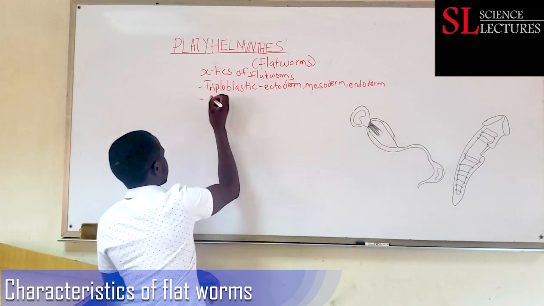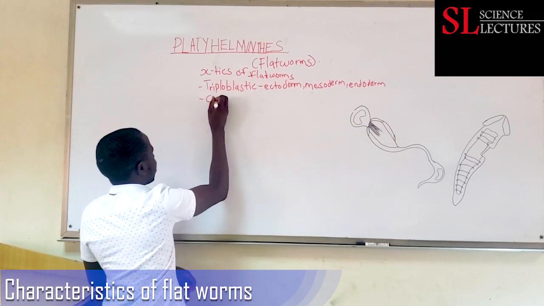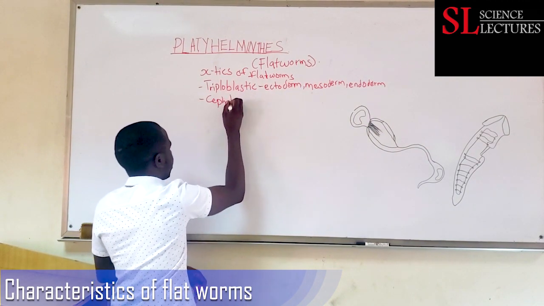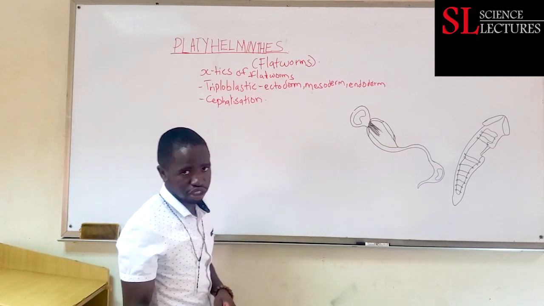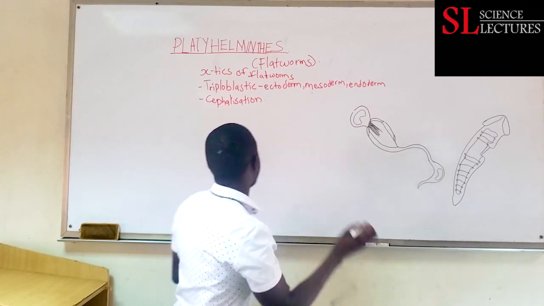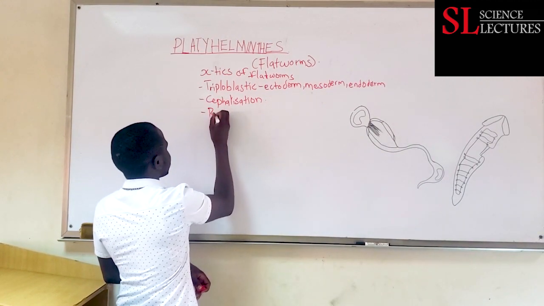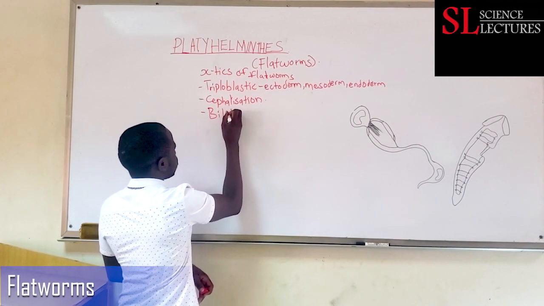Number two, they undergo cephalization. We said earlier, cephalization is the development of a head. Then number three, they exhibit bilateral symmetry.